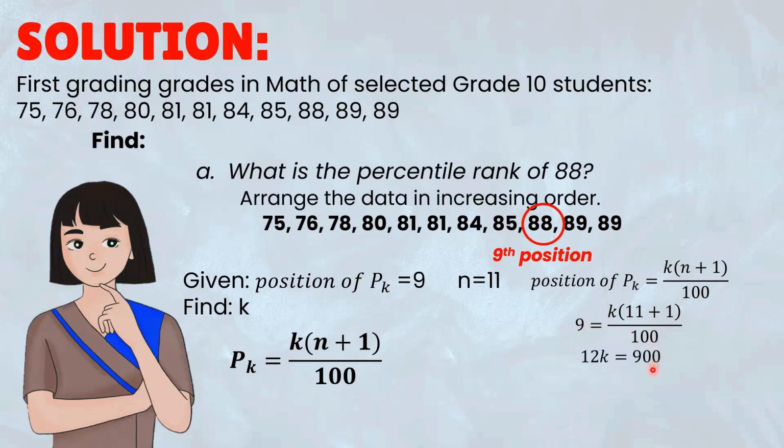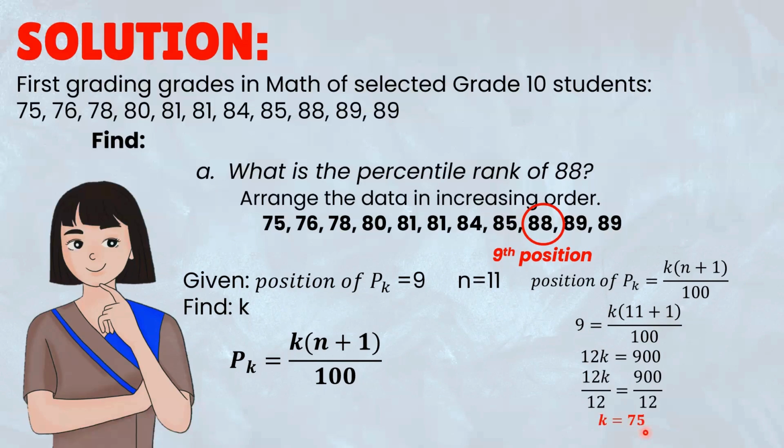That gives us 900. And then we also multiply k times the quantity 11 plus 1 by 1, because 9 is a whole number, its denominator is always 1. So 1 times k times the quantity 11 plus 1 gives us 11 plus 1 is 12, times k is 12k. Dividing both sides of the equation by 12, k is therefore equal to 75.